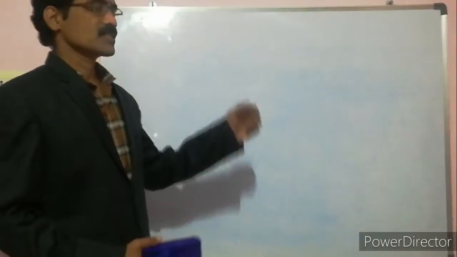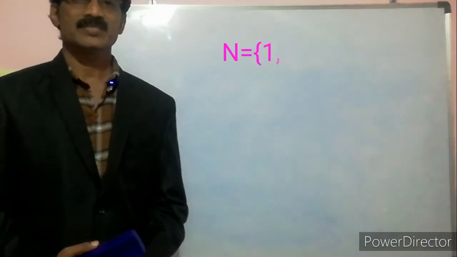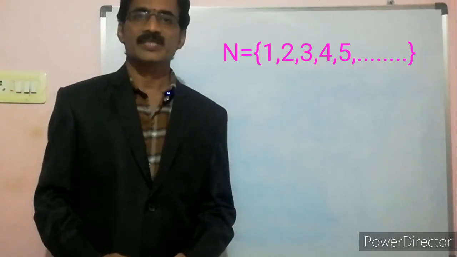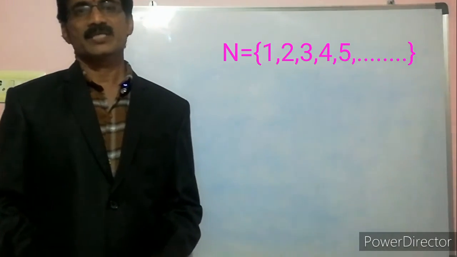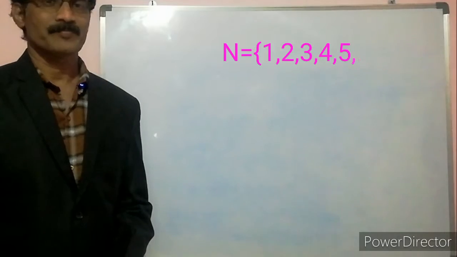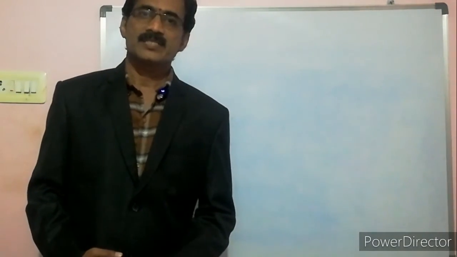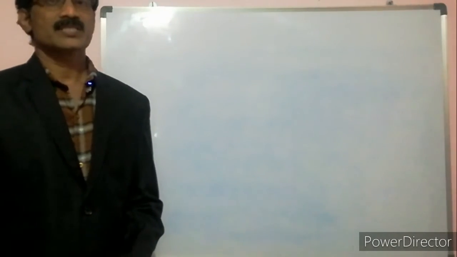The first number set is natural numbers. In natural numbers, the numbers start from 1, 2, 3 and so on, and this is denoted by capital N. The next number set is whole numbers.